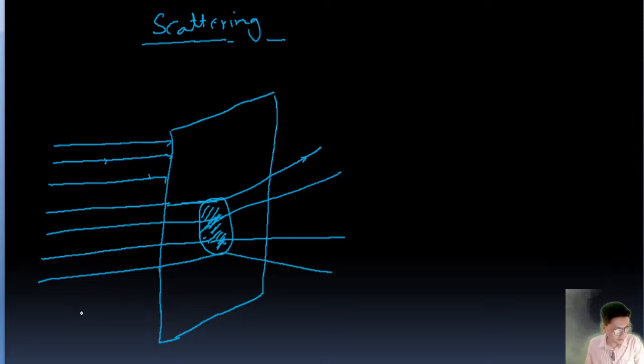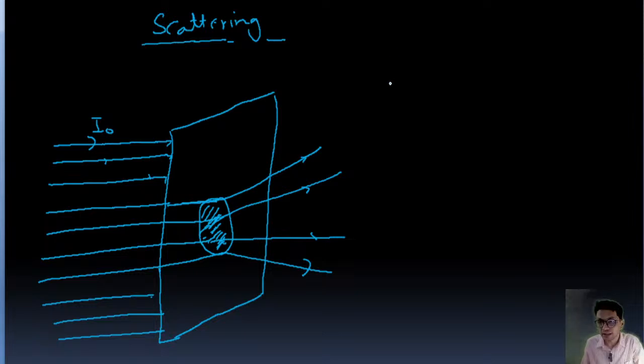And these are the waves, and the intensity of the wave or the stream of particles is I naught, and these are the scattered waves or scattered particles.